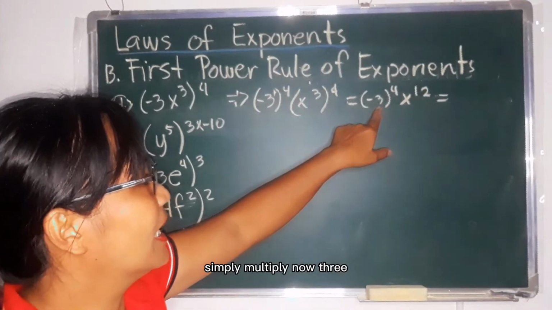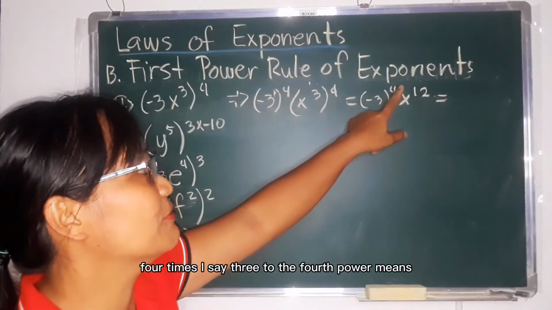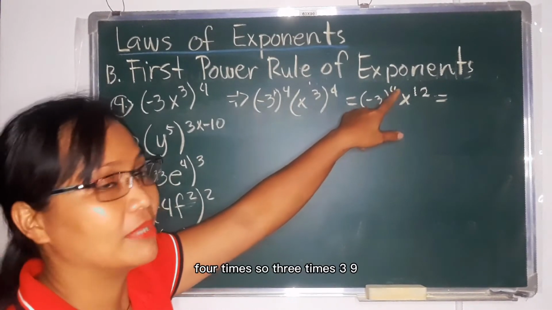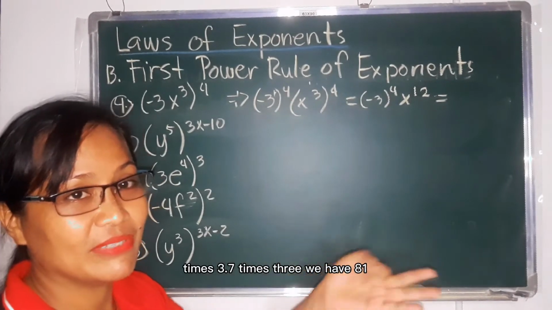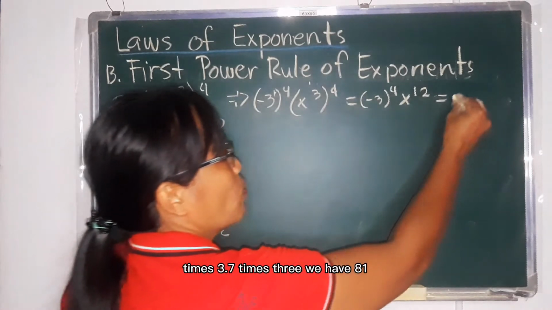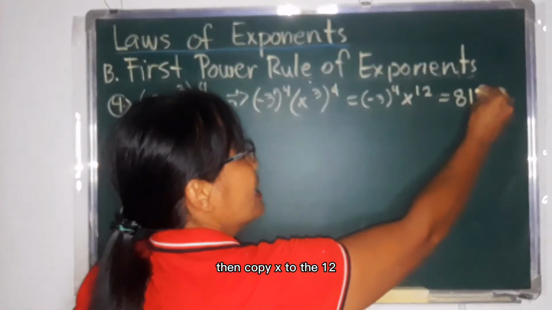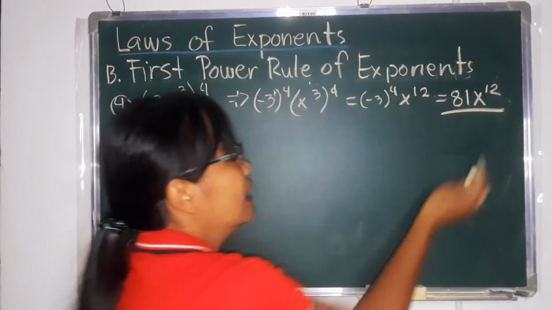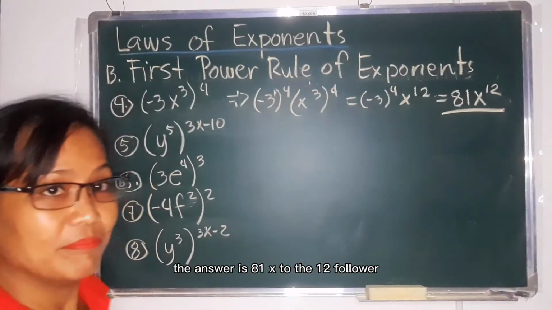Simply multiply now 3 four times, because 3 to the 4th power means you're going to multiply the base 4 times. So, 3 times 3, 9. Times 3, 27. Times 3, we have 81. Then copy x to the 12th power. Therefore, the answer is 81x to the 12th power.